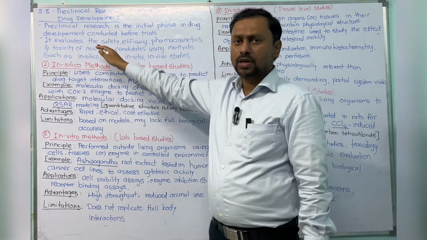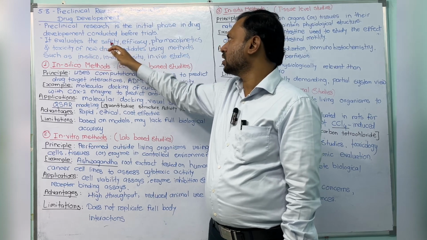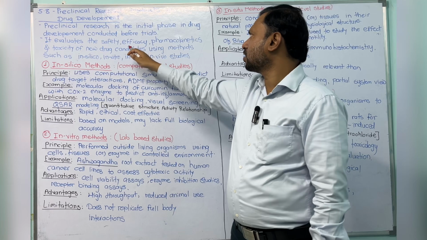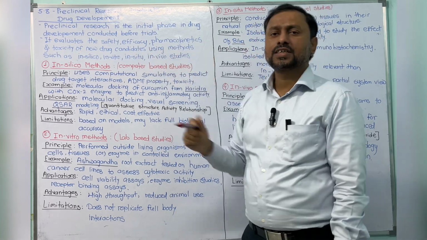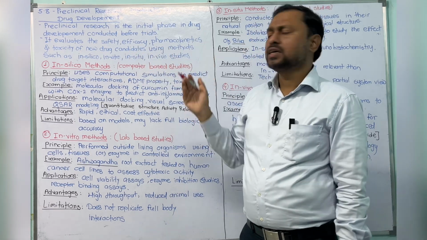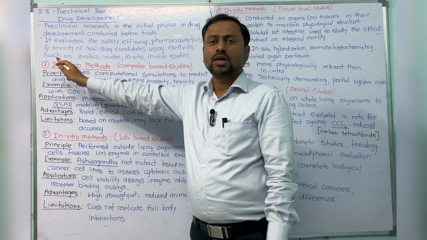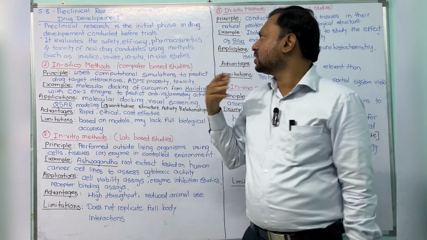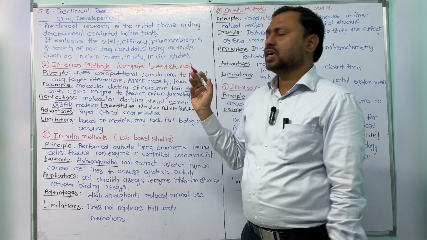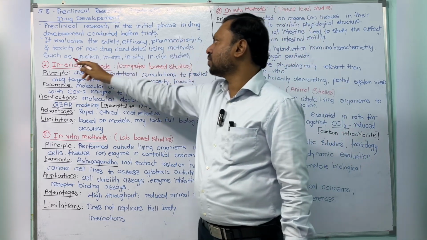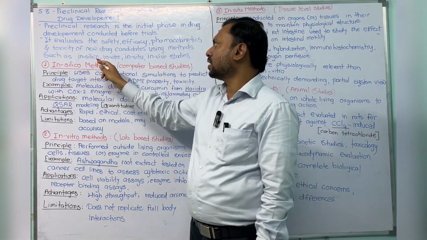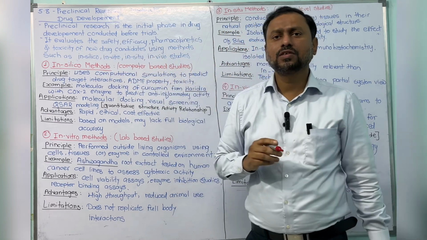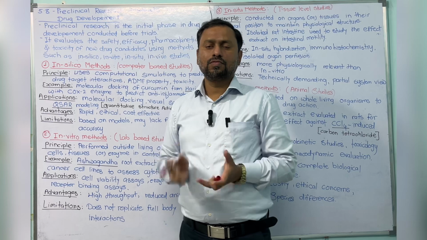First is safety, whether the drug is safe or not; efficacy, whether the drug is effective or not; pharmacokinetics, meaning the ADME we are studying here; and toxicity, whether the drug is toxic. We test this new drug candidate through in silico, in vitro, in situ and in vivo studies in this phase.